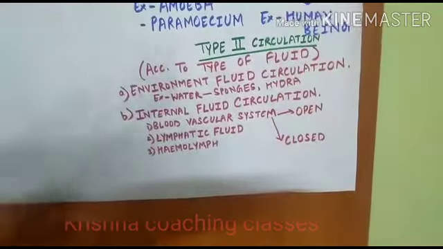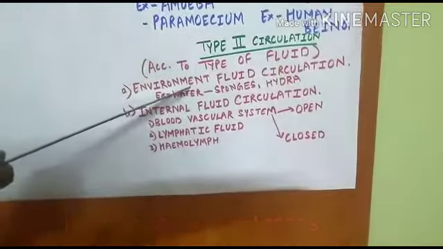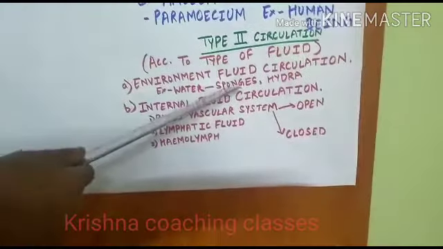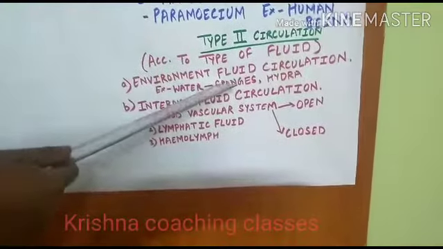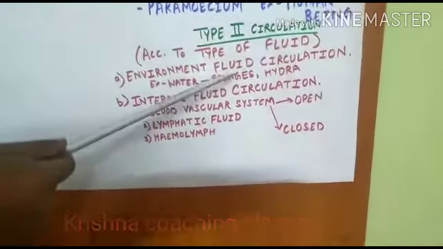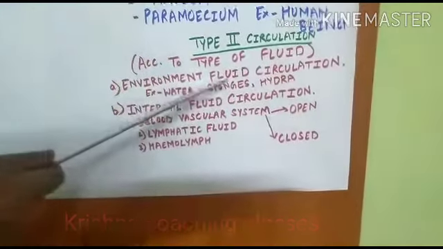Students, in environmental fluid circulation, water circulates in sponges. In a sponge you have seen water vascular canals. Through small pores water enters and water comes out.